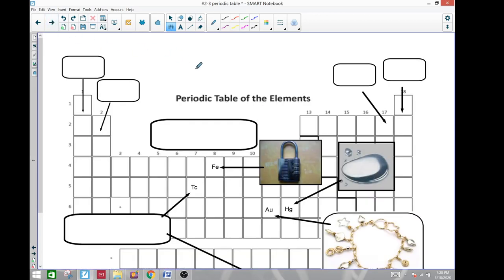All right, so periodic table elements. These families have names. The name of this first family is called the alkali metals. This is the alkaline earth metals.